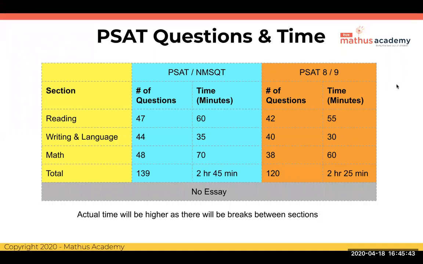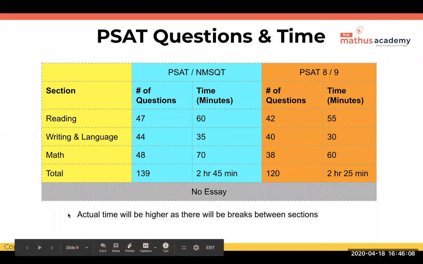And even in reading, for example, it does not have as complex questions as the SAT or PSAT because it's meant for younger students. So it has 42 reading questions, 55 minutes, 40 writing and language or grammar questions, 30 minutes, and 38 math questions, 60 minutes, for a total of 2 hours and 25 minutes and 120 questions. So that's how the PSAT tests look. Any questions on this?